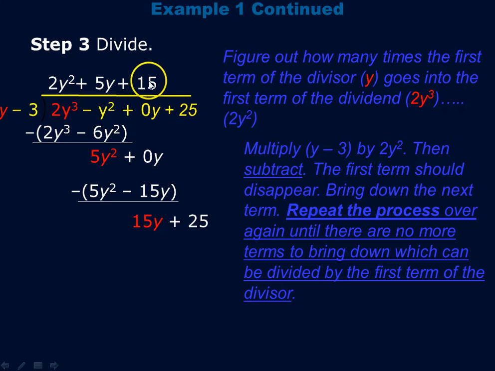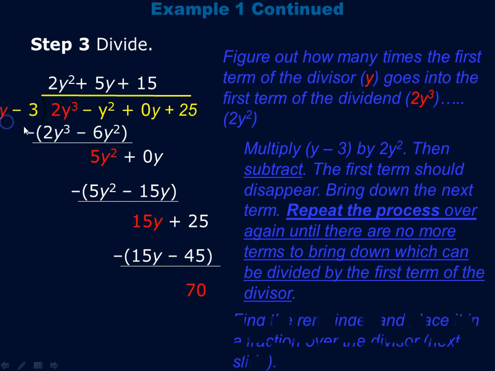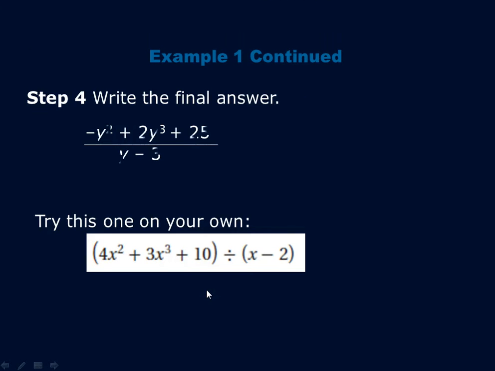We get 15 times. 15 times y minus 3 gives me 15y and a negative 45. We have to subtract. 15y minus 15y is 0. 25 minus negative 45 gives me 70. I can't divide 70 by y, so it must be our remainder. And I'm going to show you how to write the remainder in the next slide.